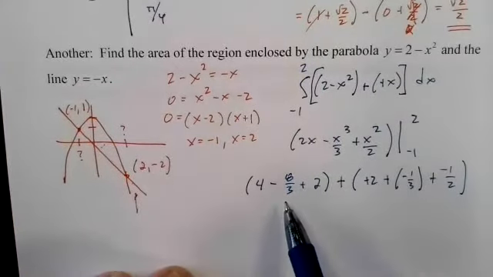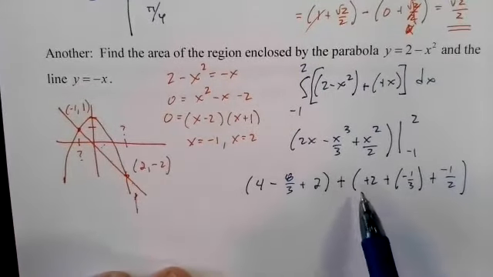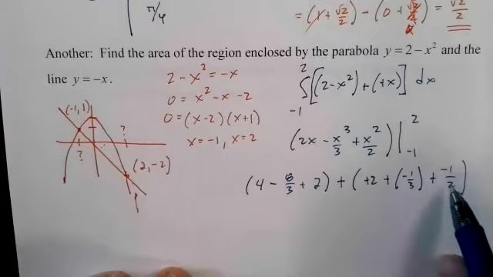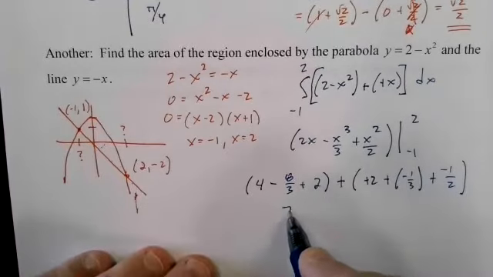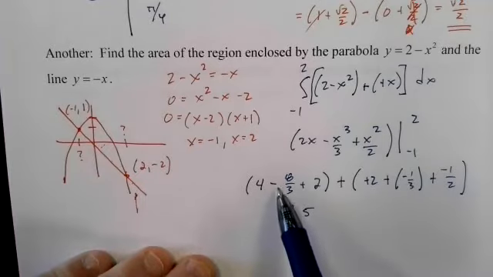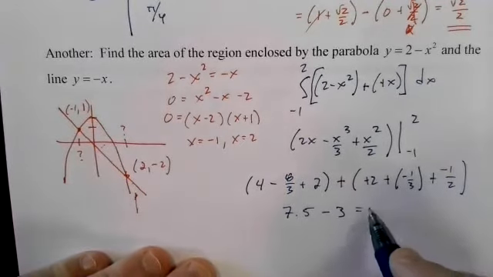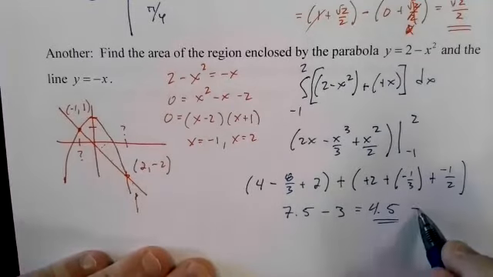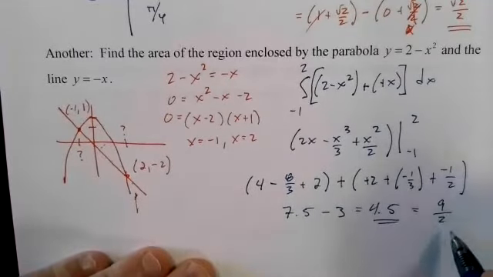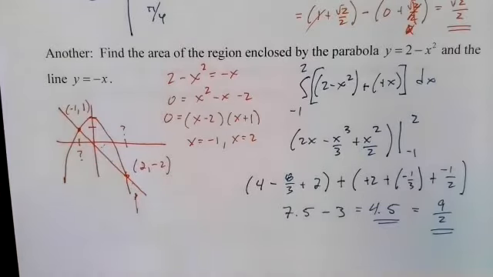All right, 4 plus 2 is 6. 8 minus 1/2. That's 7.5. I'm doing this very strangely without a calculator, and that's fine. -8 thirds minus this -9 is -3. Gets us 4.5, which is cool. No units given. Or if you're in the mood, 9/2. Either one works.